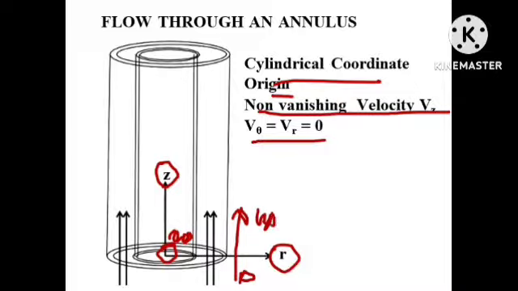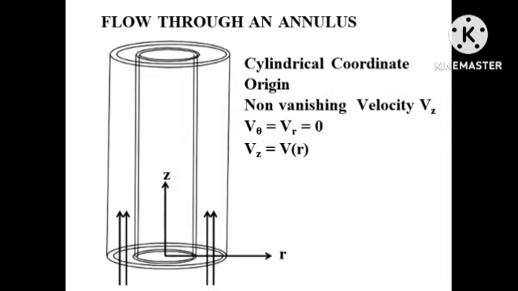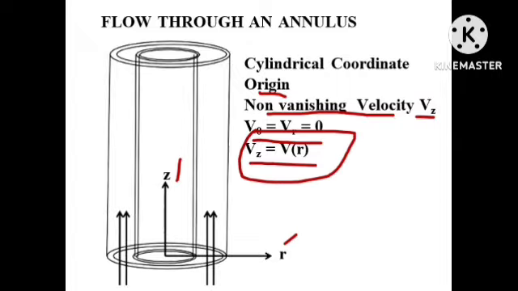Please remember this. Now the non-vanishing velocity is given as Vz. Vr is equal to V theta is equal to 0. This is also there. And the non-vanishing velocity is Vz, then moving in the z direction, r.